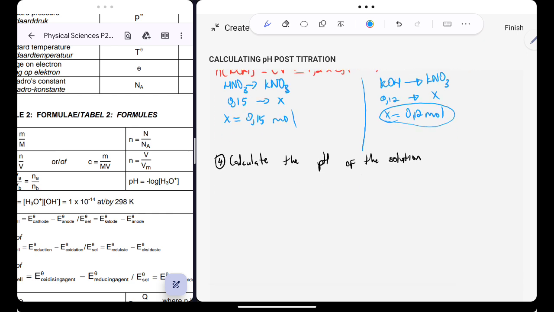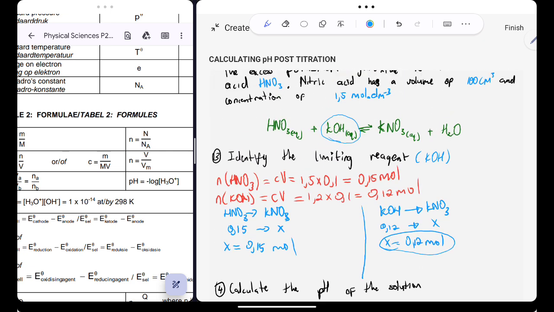So I must first find how much of it is in excess, and then calculate the number of moles of my excess ions. Remember that, guys, nitric acid is a monoprotic acid, right? It ionizes to donate 1 proton, like this.